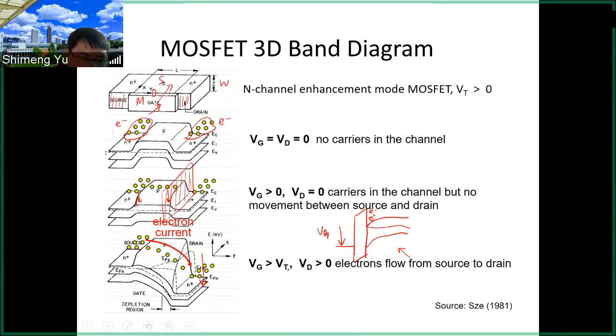So that's why the electrons will move over this barrier and then fall down the slope and then be collected by the drain. So this is your electron flow, and then the current can conduct in this case. So this is how you describe the MOSFET operations using the band diagram. Any questions?